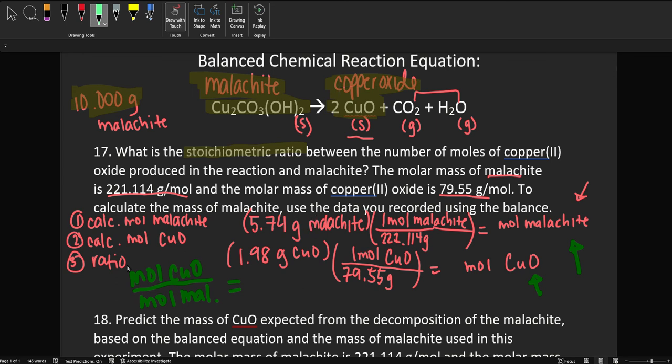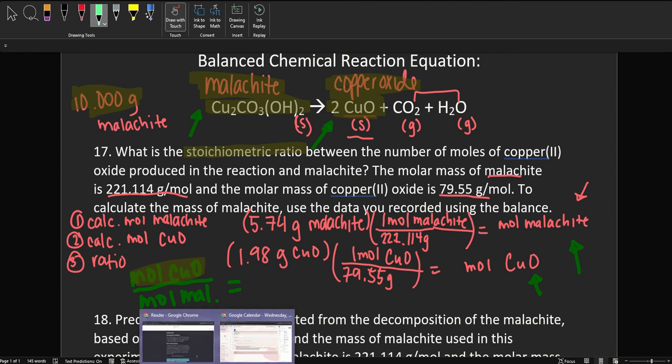That number corresponds to the copper oxide. Whatever number you get should match the coefficients, hint, hint, and that one for moles of malachite. I know I'm giving it away a little bit, but that's how you get the ratio.